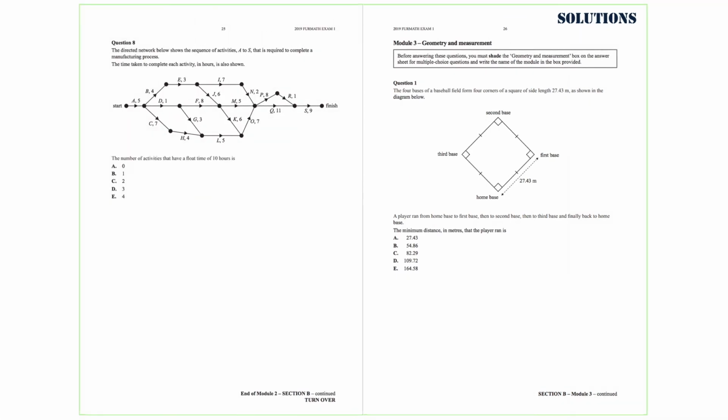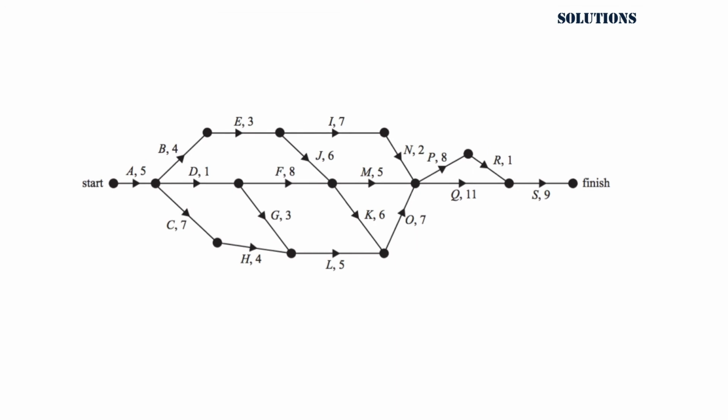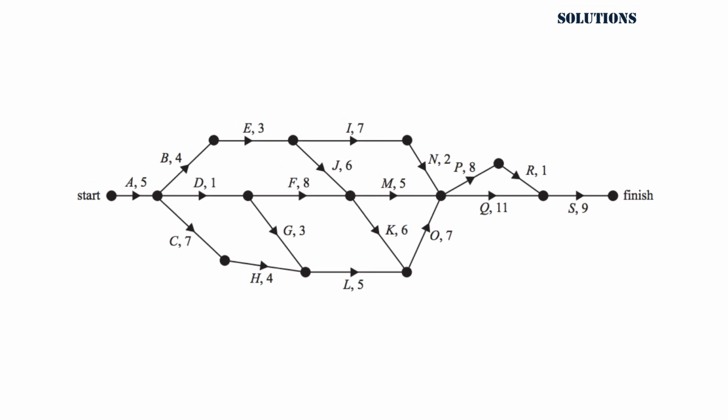Question 8. The directed network below shows the sequence of activities A to S that is required to complete a manufacturing process. The time taken to complete each activity in hours is shown. The question is asking for the number of activities that have a float time of 10 hours. Let's start by determining the earliest starting times for each activity.